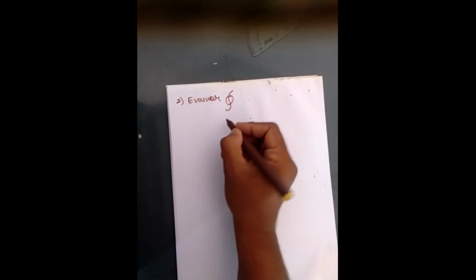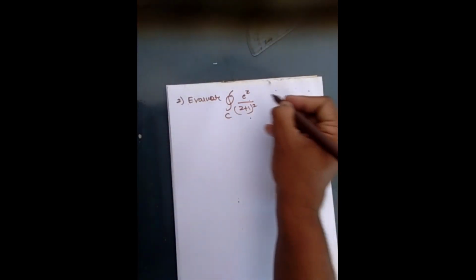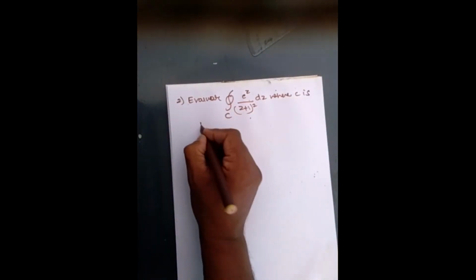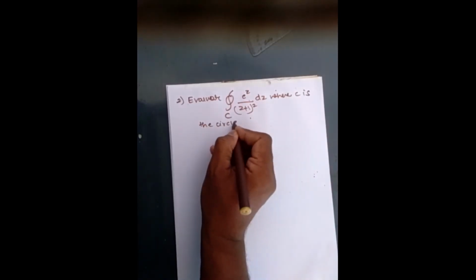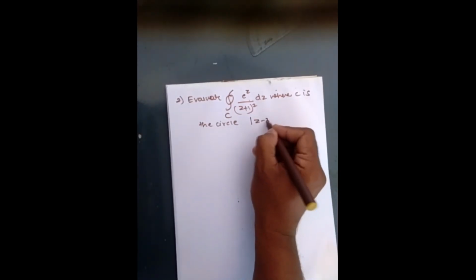Evaluate the integral over C of e raised to z divided by (z plus 1) whole square dz, where C is the circle mod of z minus 3 is equal to 3.